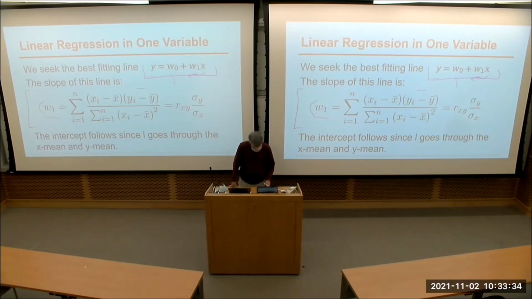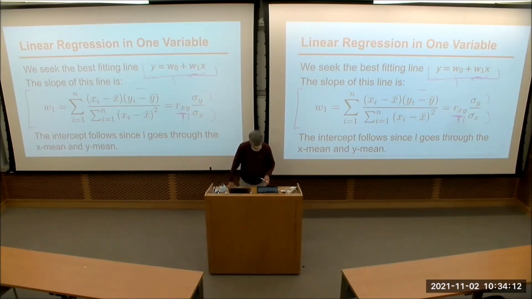When you solve this, it turns out that the slope is basically the correlation coefficient of the two values, the target variable y and the independent variable x, times the standard deviation of the y's divided by the standard deviation of the x's.